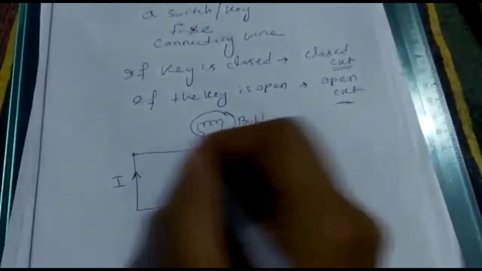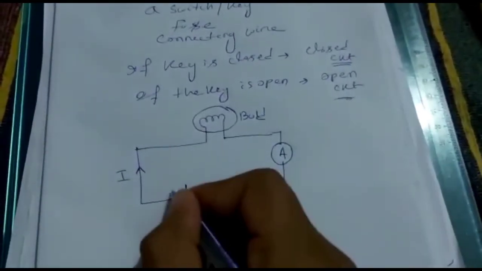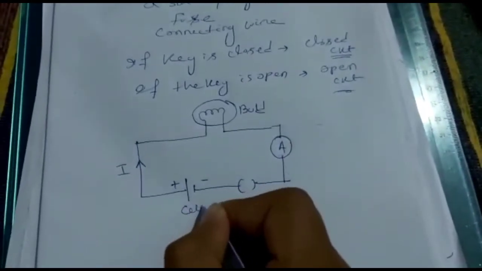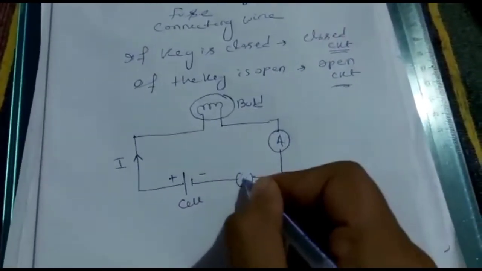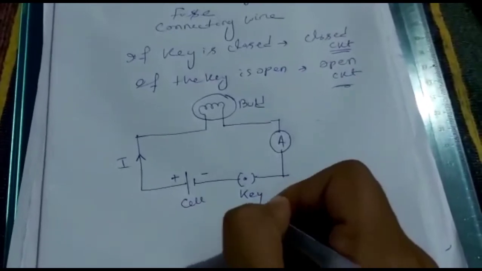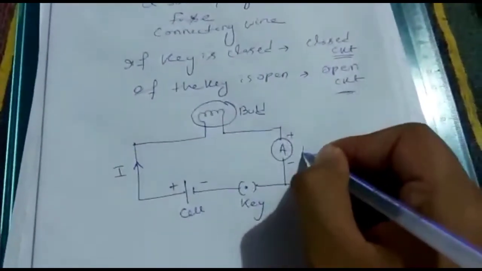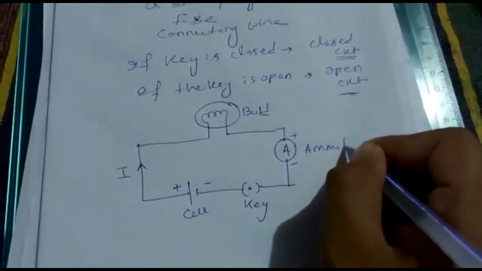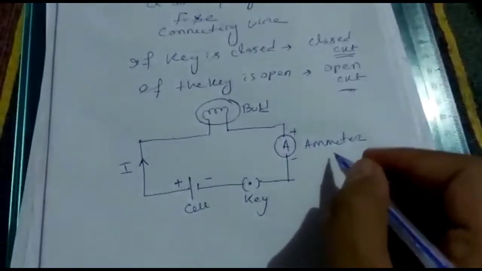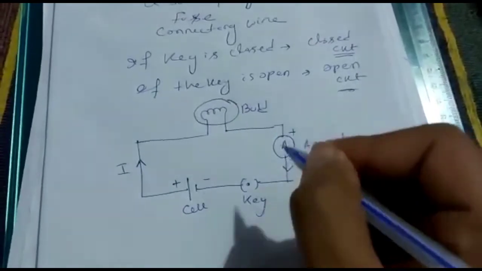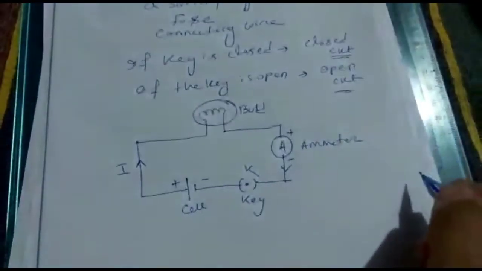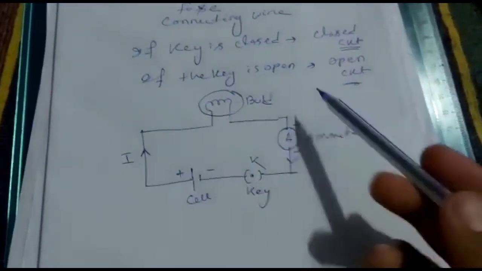I amount of current is flowing through the circuit. This is our cell having the positive and negative terminal. This is our key. This is closed key. Our key is closed. And this is our ammeter, which is used for the measurement of current. This is the direction of current. So these are the instruments connected in the circuit.